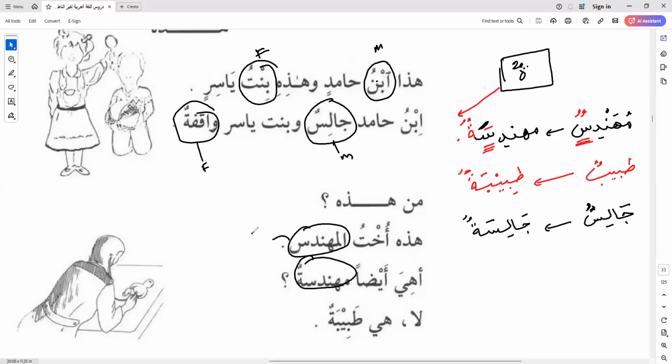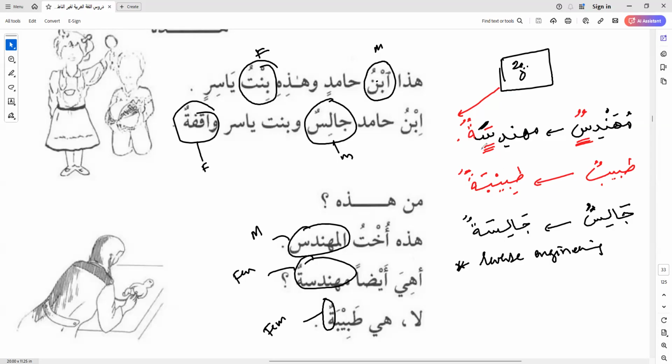Muhandisun is an indication of a male engineer. Muhandisatun, an indication of what? Female engineer. Tabibatun, an indication of a female medical doctor. So if I want the male, I say tabibun. Remember, you can do what we call reverse engineering in Arabic constructions like this.